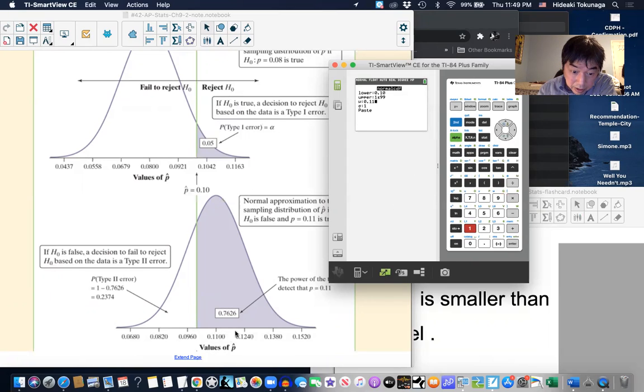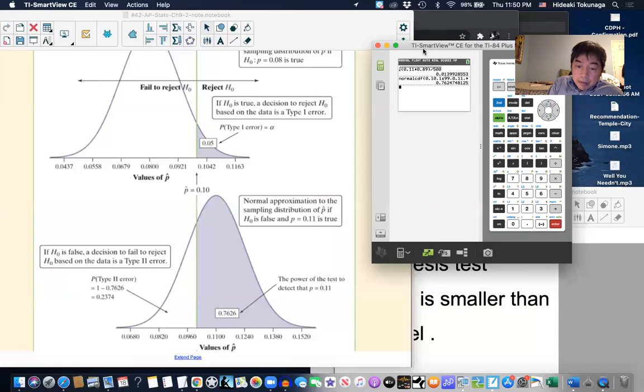I cheated here, 0.0139, so I put 0.014 for the standard deviation. So now let's enter this. 76%.